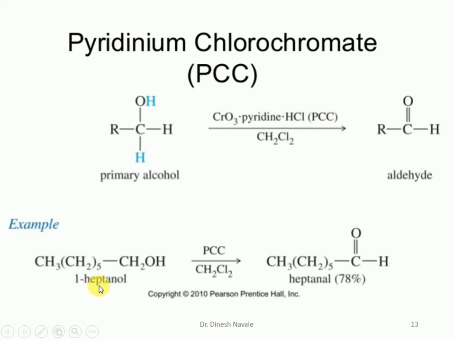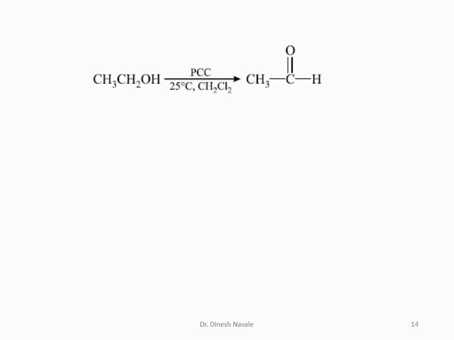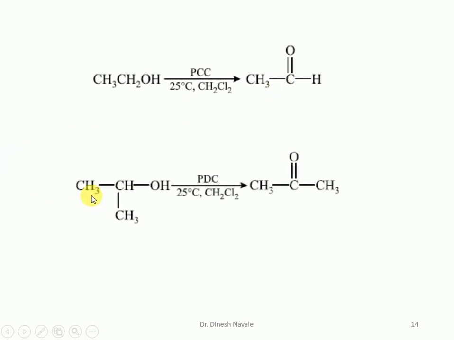So heptanol will be converted into the heptanal. Ethanol will be converted into the ethanal by using PCC. Isopropyl alcohol will be converted into ketone.